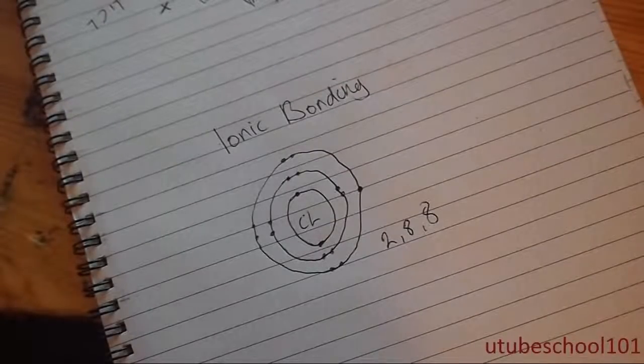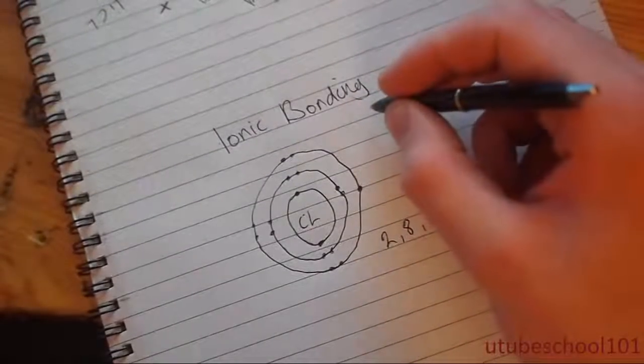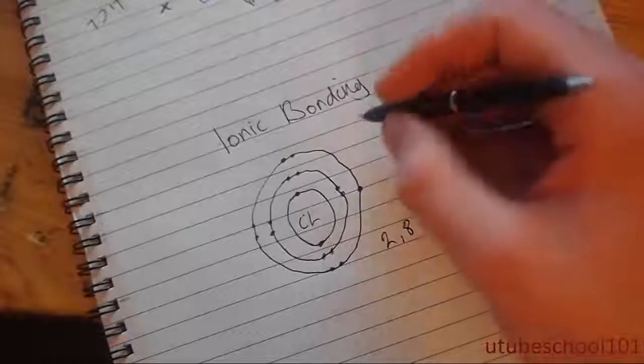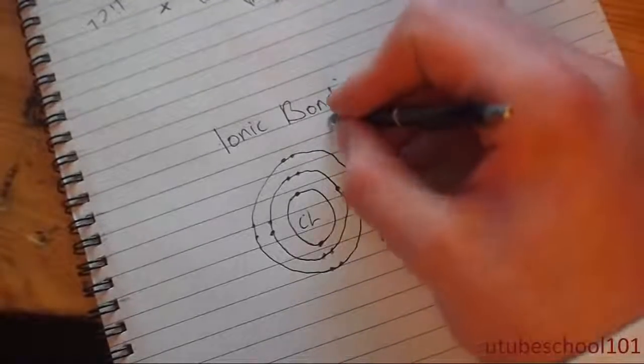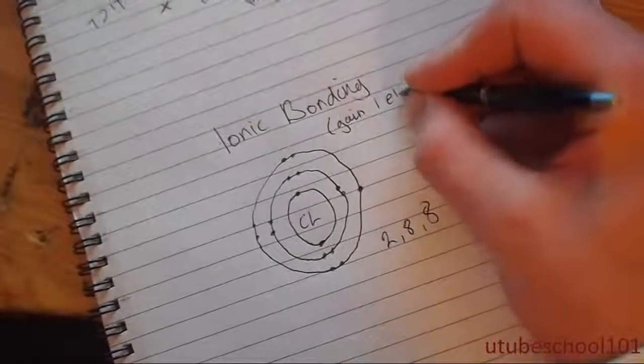And what do you think is easiest, to lose 7 electrons or to gain 1 electron? Well, the answer is to gain 1 electron, as common sense really. It's only 1 rather than moving 7 electrons. So this is trying to gain 1 electron.